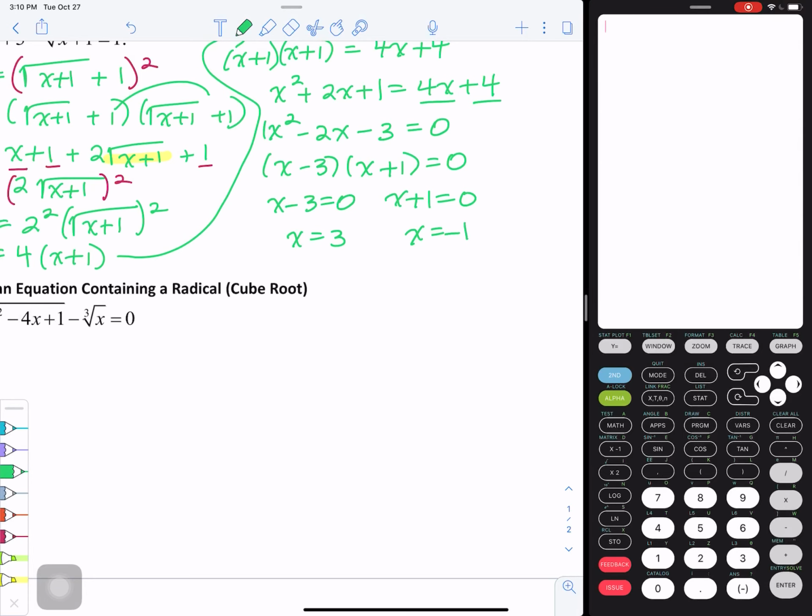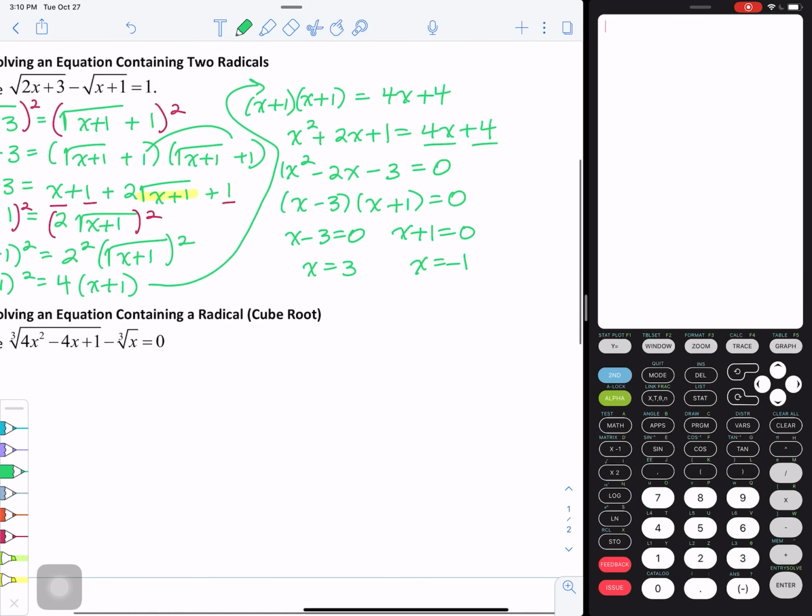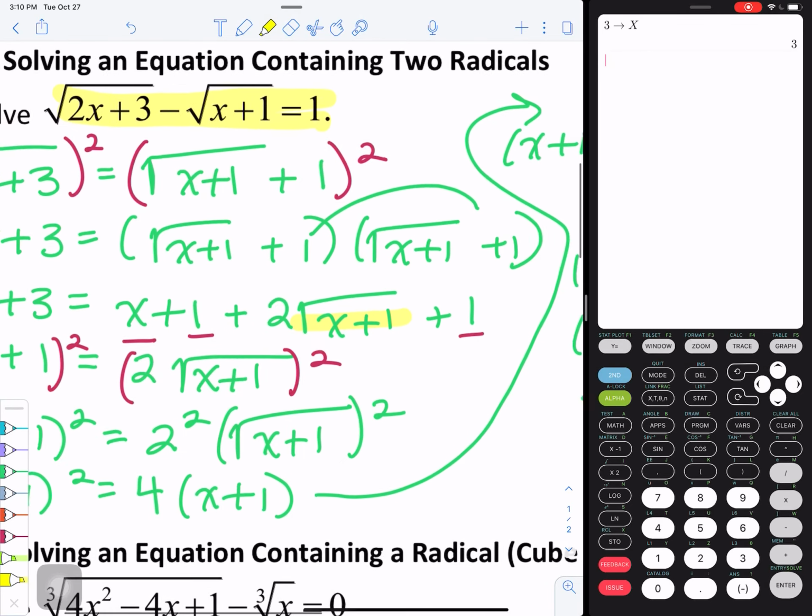So now let's give these a try in the calculator. We are going into our original equation before we've done any algebra, and we are going to store and work on x equal to 3 first. So 3, store as x, press enter. Now let's put this equation in.